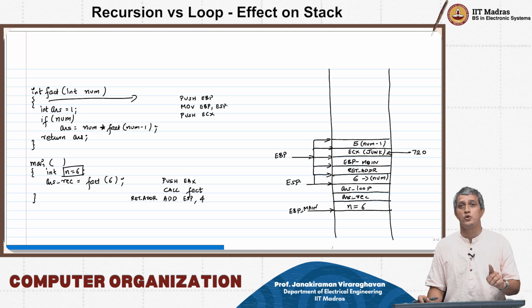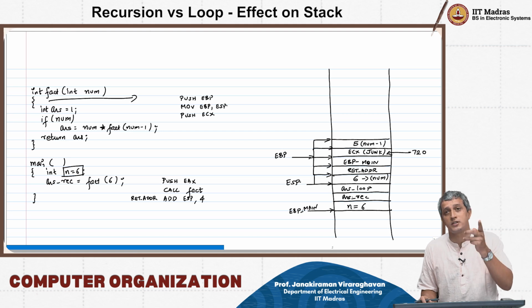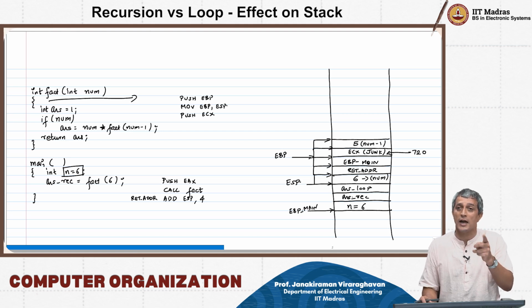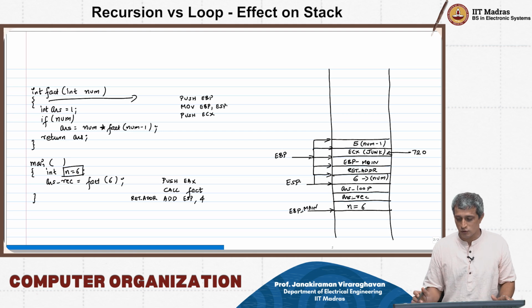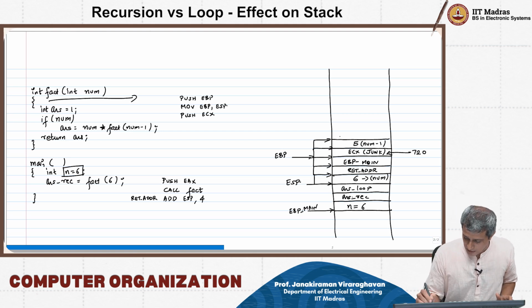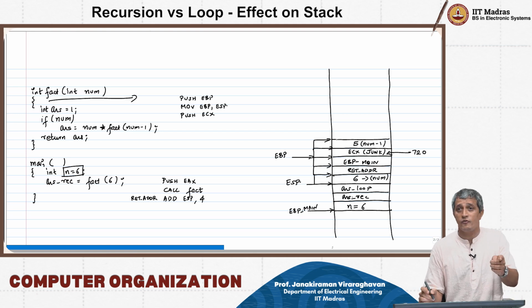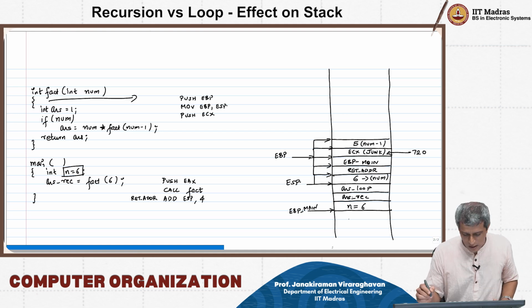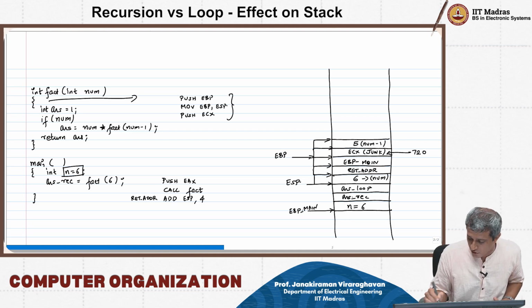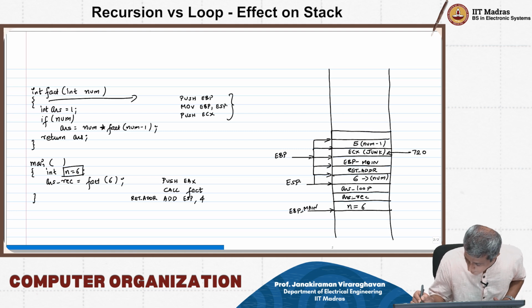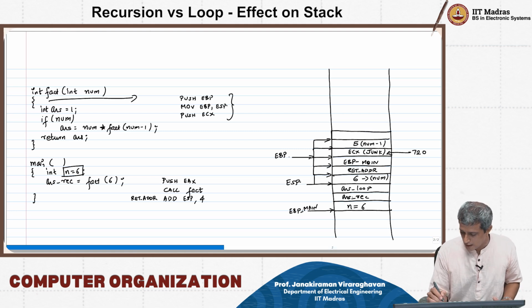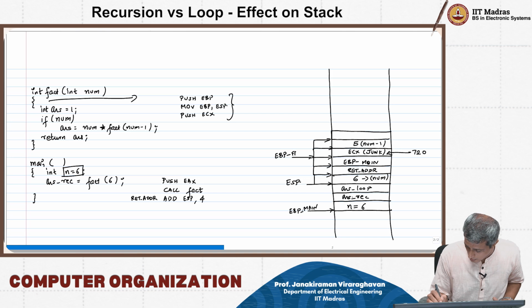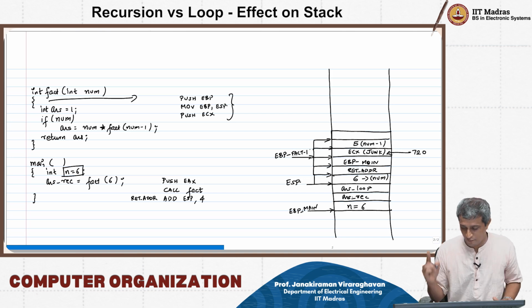You now have to call this function with fact of n minus 1 again. So that's why you have pushed that onto the stack. Then again you call the same function fact, and when you enter that, you will execute these instructions again. You will push the value of EBP. This is the EBP fact 1, the first call.